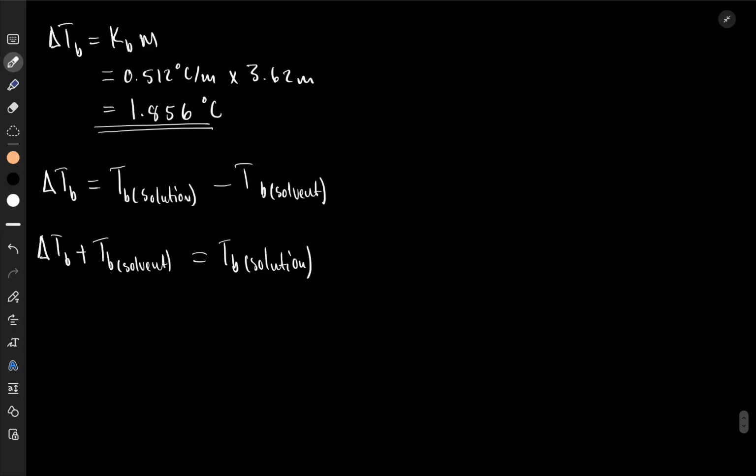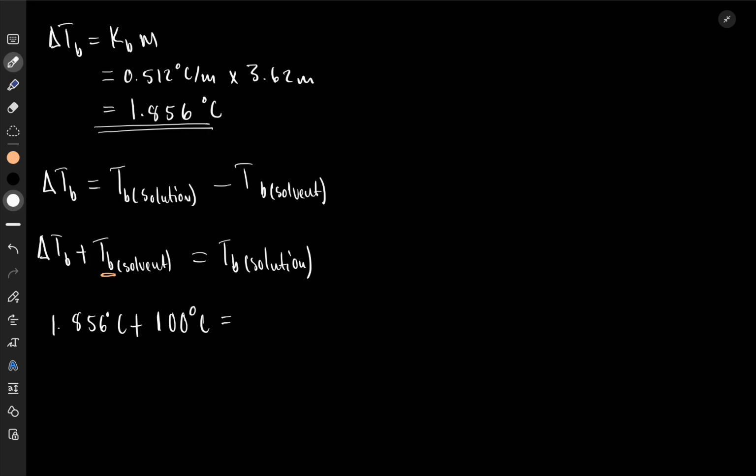Now what we put is 1.856 degrees Celsius plus the temperature of the solvent, the boiling one. Remember that this is B for boiling. What is our solvent? Water. What is the boiling point? It's 100 degrees Celsius.